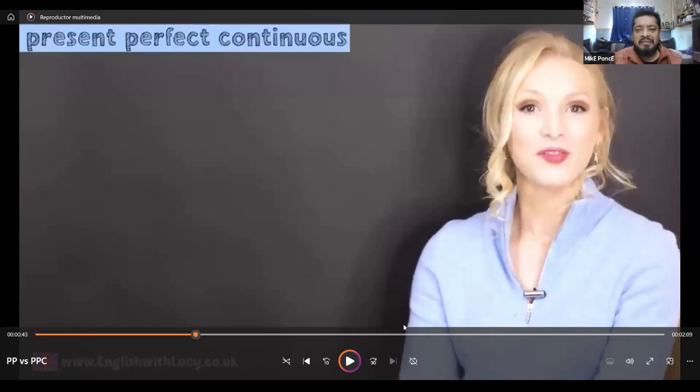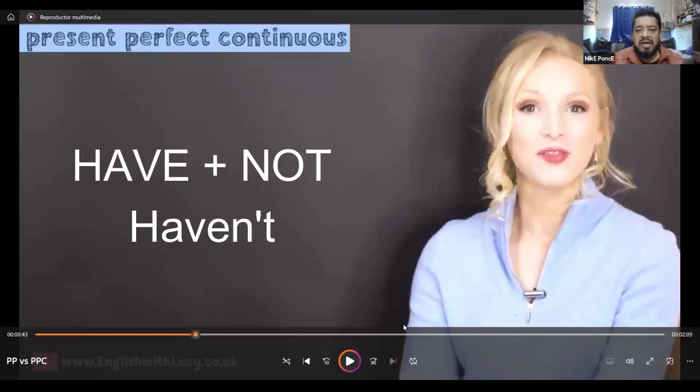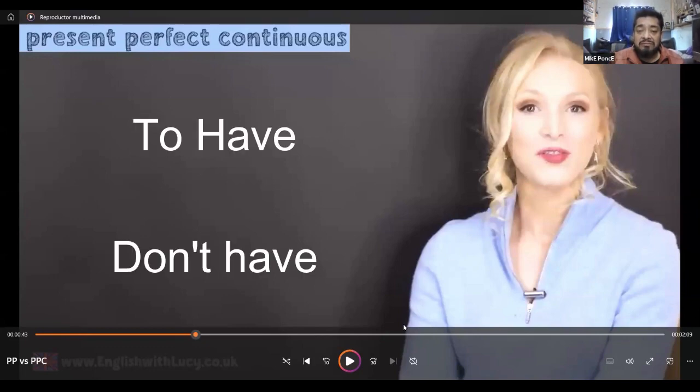The negative is in the auxiliary as in all the English grammar. If I have, the negative is have not, or the contraction haven't. Remember, haven't is only an auxiliary for perfect tenses, and it's not the negative form for the verb to have. In that case, we need to use don't.